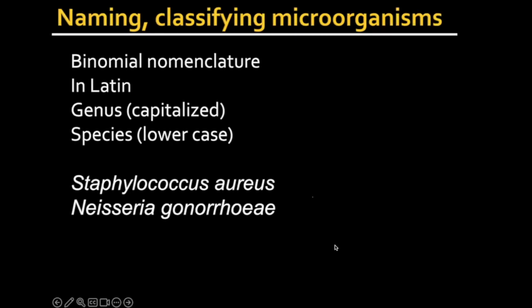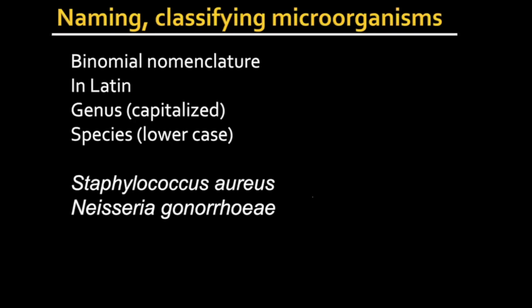But generally, most of your pathogens have what's called binomial nomenclature, and this was actually in your objectives, so I want to make sure I covered it. The words are in Latin. If you speak Spanish, Italian, French, Portuguese, the Latin names are going to look very, very close because all of those Romance languages came from Latin.